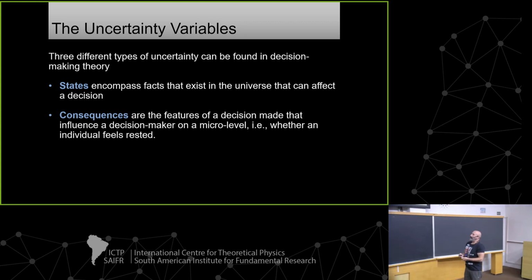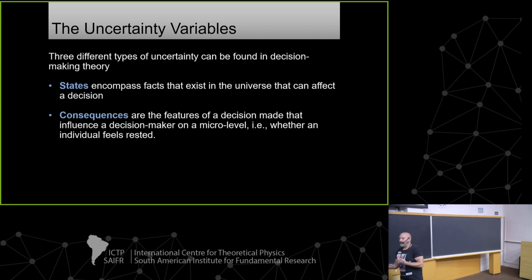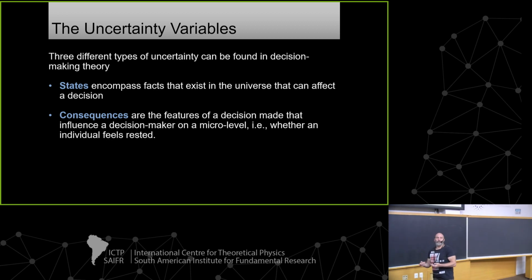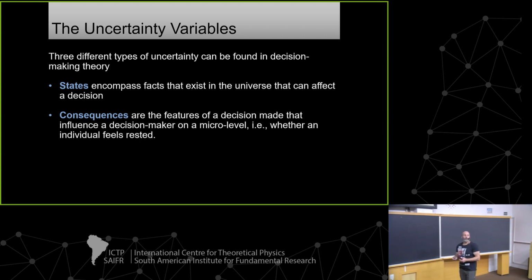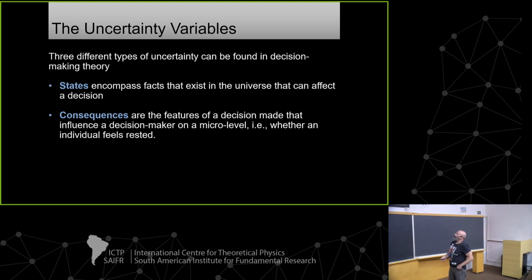So sometimes the consequences of my actions cannot be anticipated. I can predict with some error, or anticipate with some probability, what is going to happen and what will be the consequences, but I cannot be sure of the consequences. So I have to deal with this uncertainty about the consequences. So consequences are the future of a decision that influences a decision maker on a micro level.